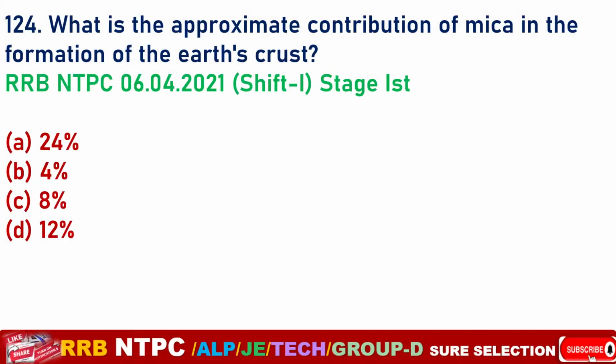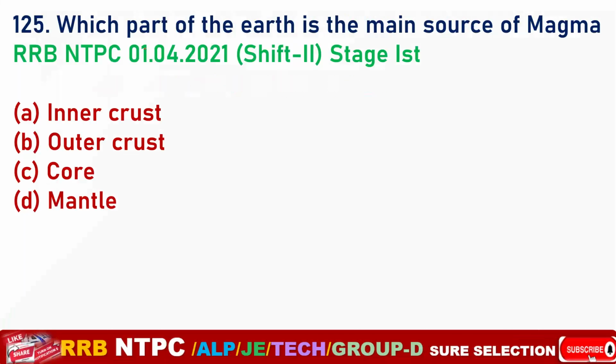What is the approximate contribution of mica in the formation of the earth's crust? Approximately 4%. Which part of the earth is the main source of magma? The mantle.